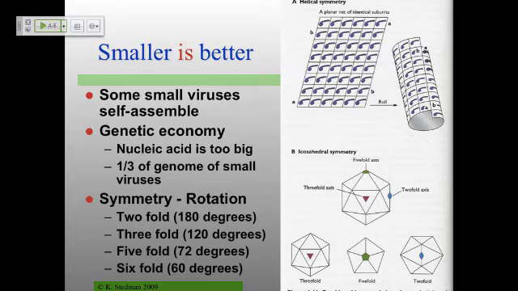And so all of these proteins are interacting with each other in the same way. Helical symmetry is great because it really is an equivalent interaction between each of these protein subunits. The big problem is, what do you do at the ends? We'll talk about how this happens for various different virions a little bit later on.